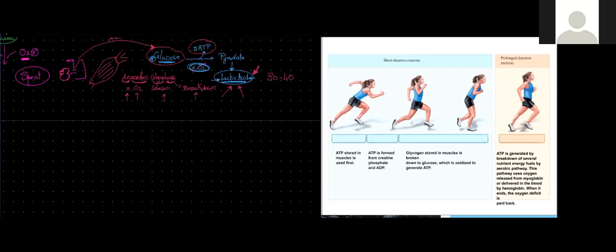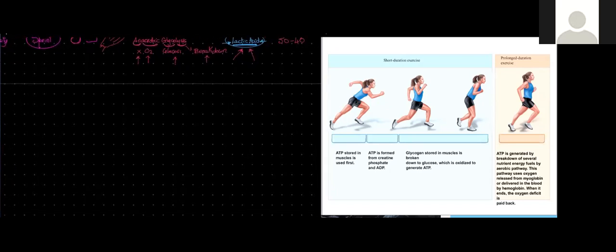Why don't we have muscle fatigue if we are regularly exercising? This is a question that we're going to answer in a few minutes. My question now is how long can you run a marathon for? You can run a marathon for hours, right? I can run a marathon for hours without having this muscle fatigue.